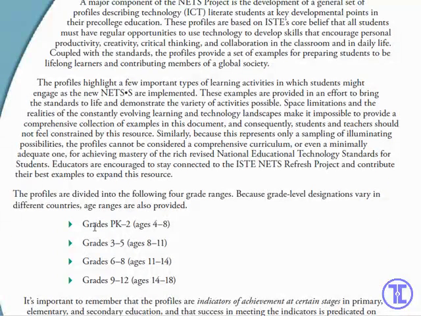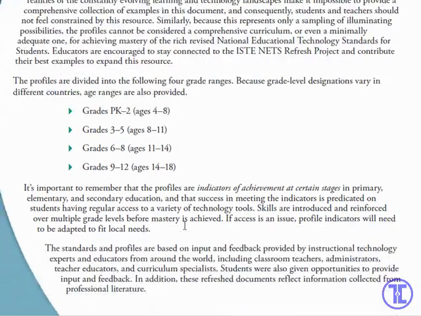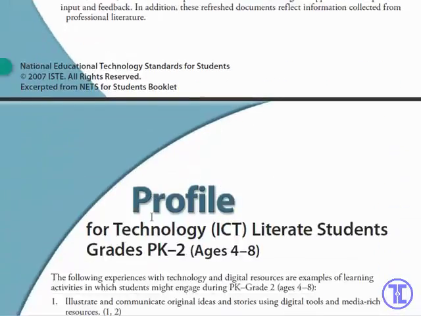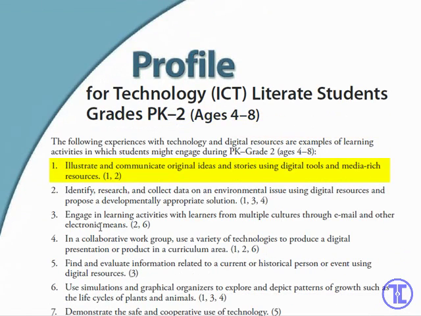So let's take a look at that. If we look down here, we see that there are profiles for K-2, 3 to 5, 6 to 8, and 9 to 12. And then we'll look down at each one of these profiles. So here it is. Profile for technology literate students, grades K to 2, and number 1, illustrate and communicate original ideas and stories using digital tools and media-rich resources.